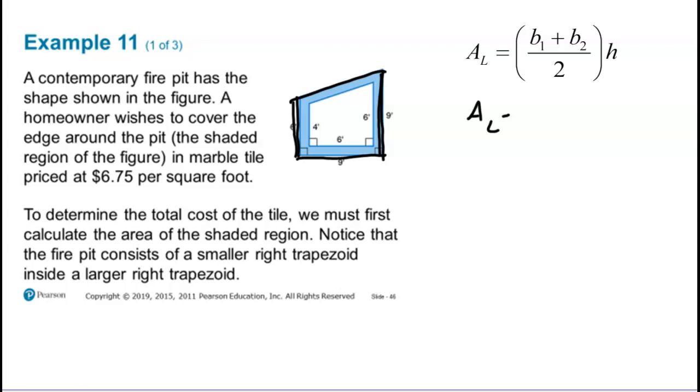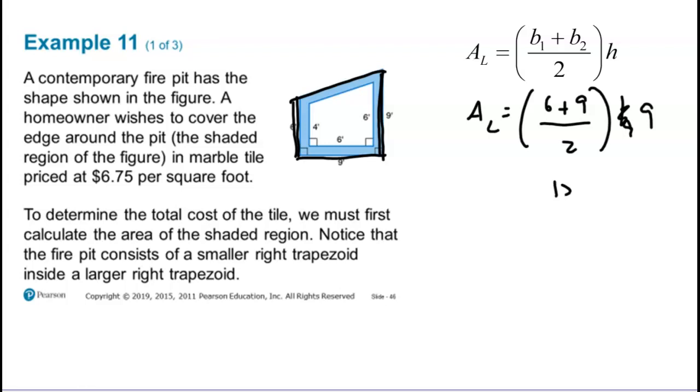The area of the larger trapezoid, and that's why I have A sub L, is the one base, 6, plus the other base, 9, over 2 times the height, which is, in this case, 9, rather than H. We'll go ahead and substitute that in.